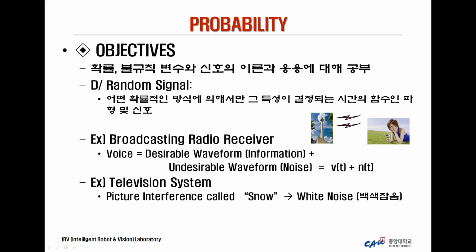Now, the second example, we have a television system, and a long time ago, with analog TV, when you didn't turn off the TV after you were sleeping, the picture interference called snow appeared on the screen, which I will call white noise.